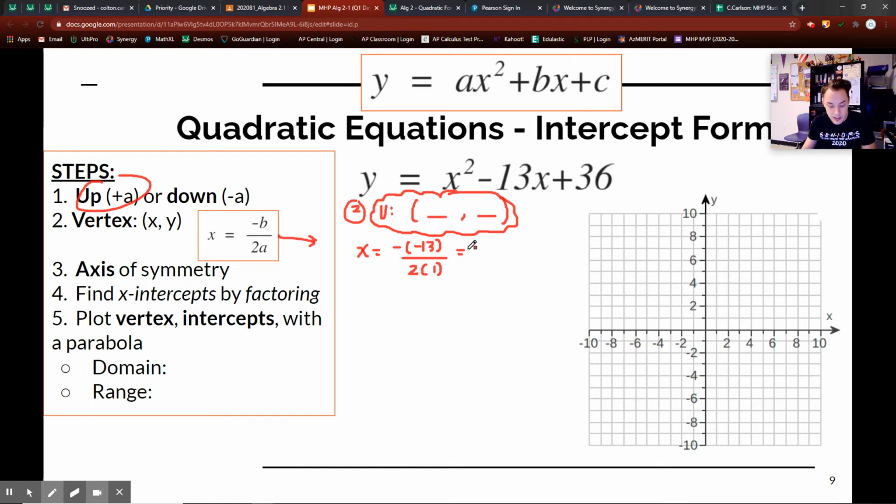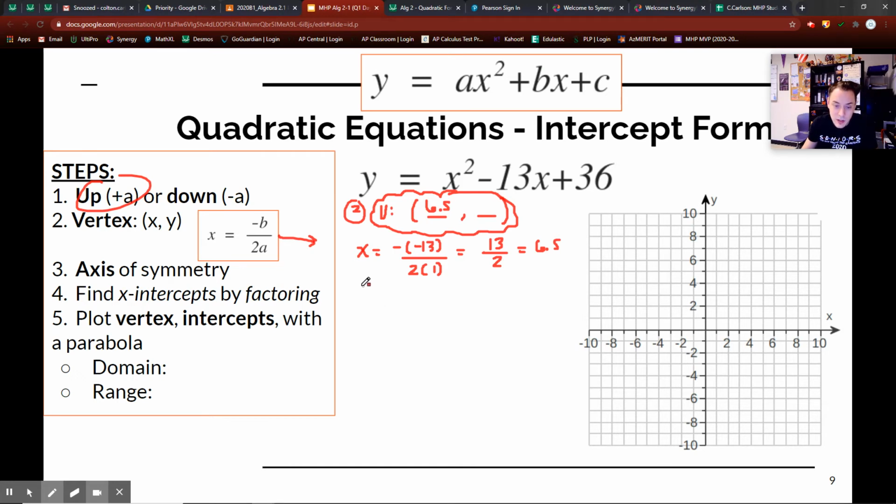So that's going to be 13 all over 2, because that's going to be positive, which reduces down to 6.5. Really nasty x value there, but that's okay. So that's 6.5.